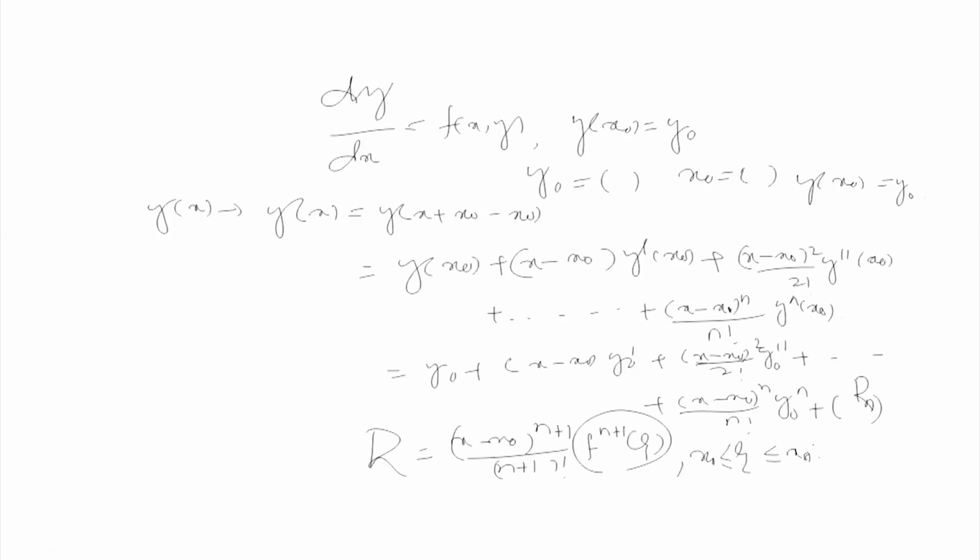So, whenever we are interested in finding the values of y0', y0'' and y0''' etc., we can proceed in the following manner. y(0) is y(x0), and y0' is f(x0, y0), since y' is written as f(x,y).